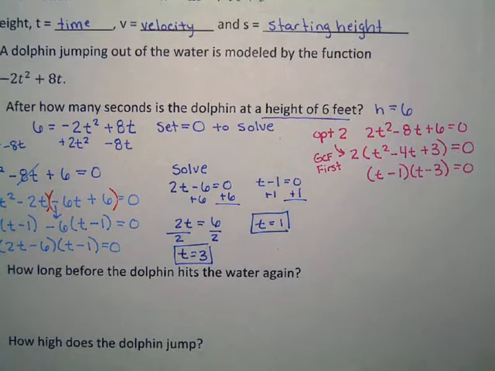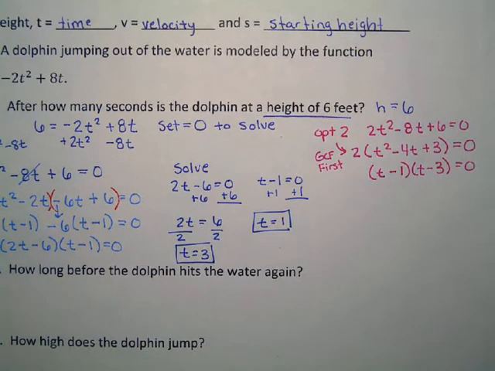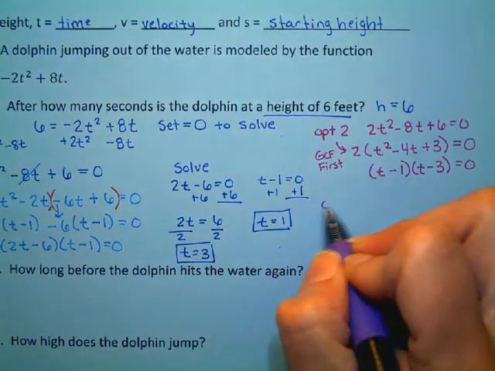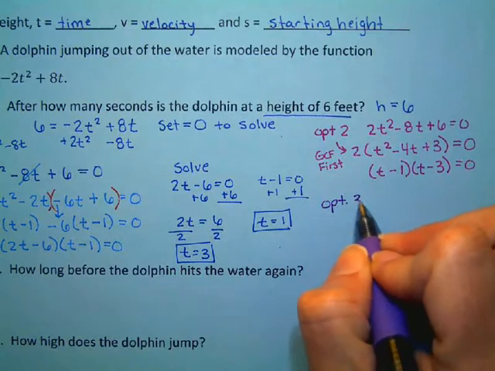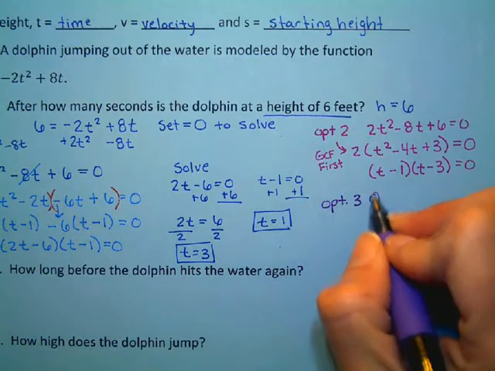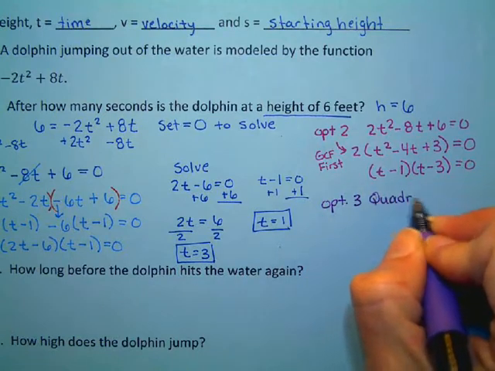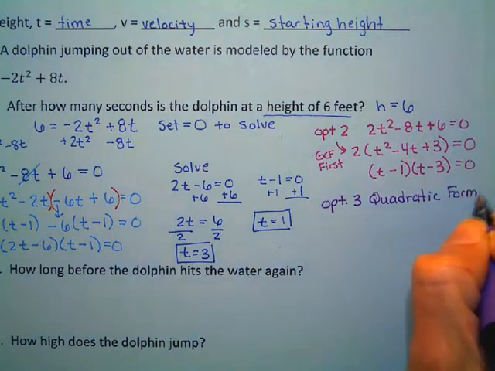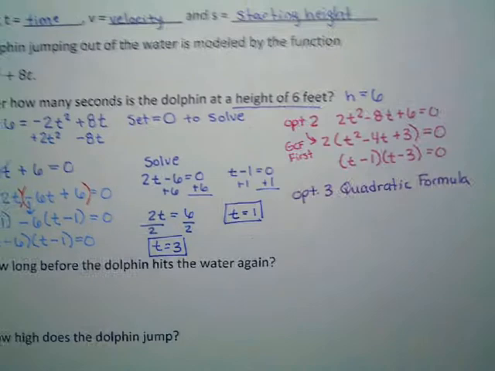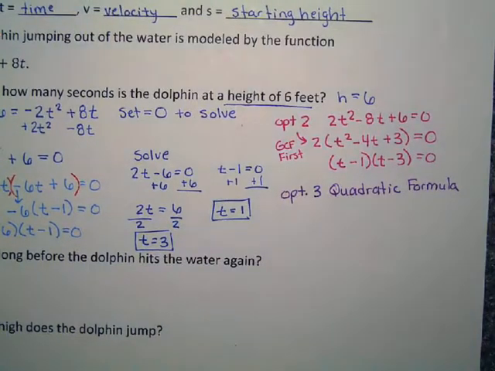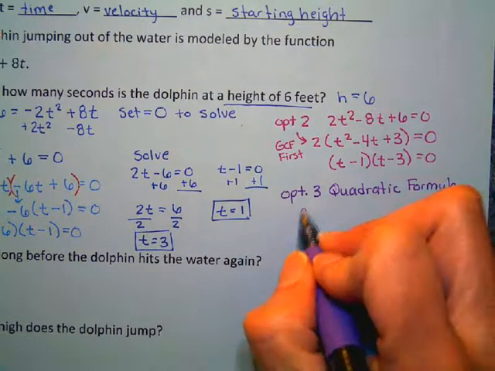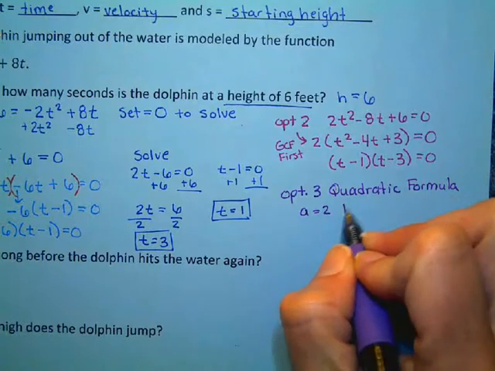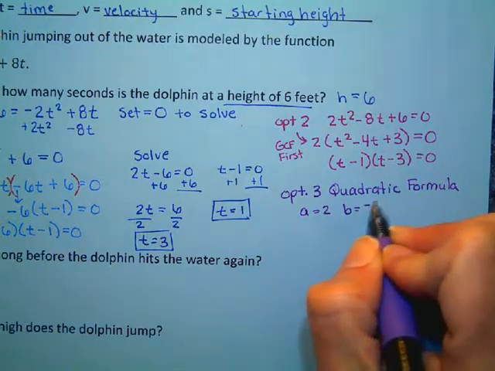Option 3, I'll say option 3 would have been to do the quadratic formula. Which is what we were working on last class. So identifying A would equal 2, B equals -8, C equals 6.